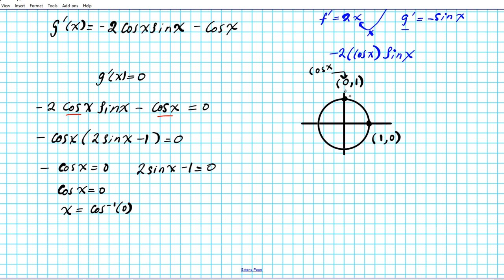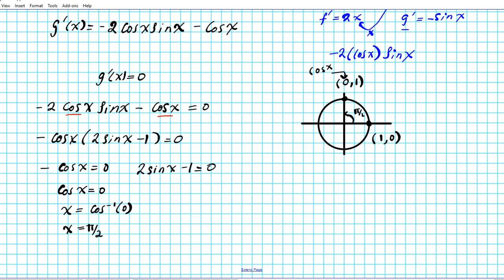So cosine of what gives us 0? What's the angular measure from here to here? That's pi over 2. So x is equal to pi over 2. Cosine of pi over 2 is 0, or the inverse cosine of 0 is pi over 2.